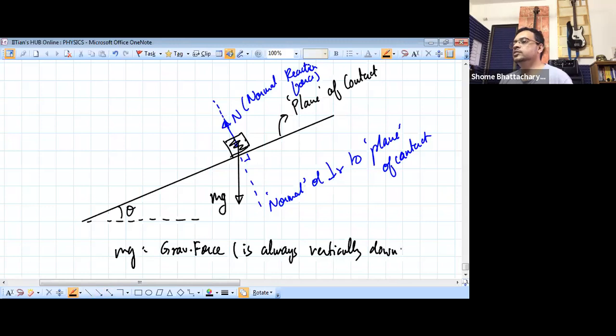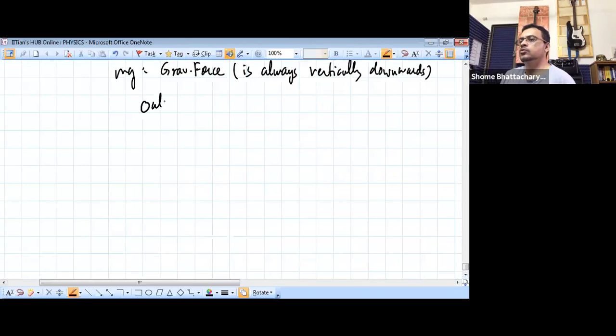It has nothing to do with surface or anything. Okay. And you can see there is no other force. So there are only two forces acting on this body: mg and normal reaction. Only two forces, gravitational force and the normal reaction.